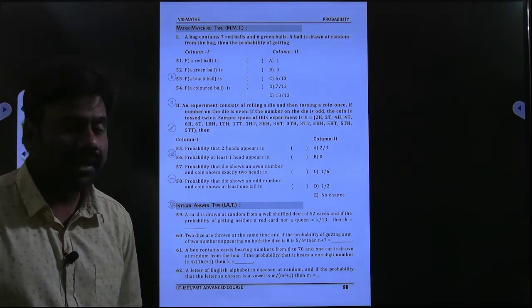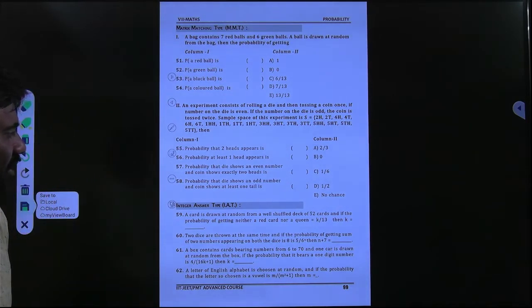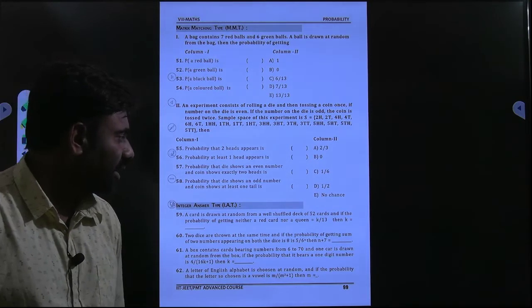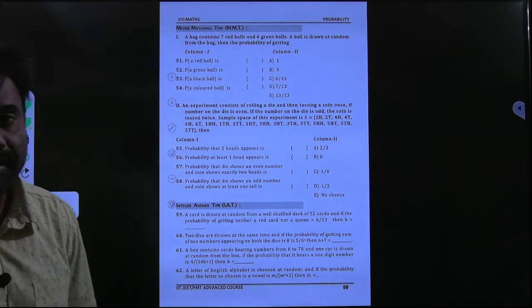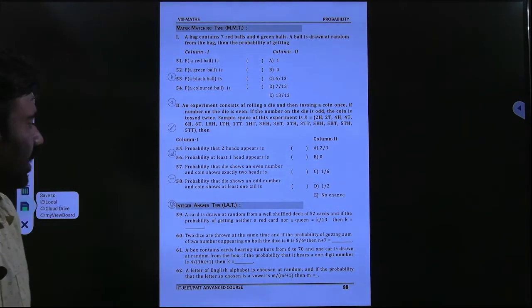Question number 59. A card is drawn at random from a well shuffled deck of 52 cards, and if the probability of getting neither a red card nor a queen is k by 13, then k is equal to what?